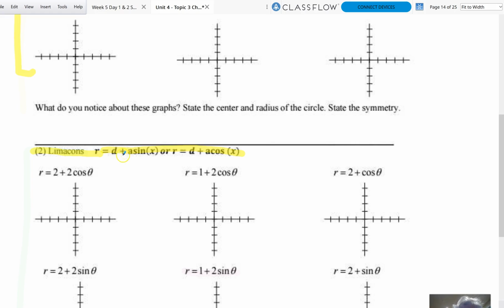Now it's d plus a sine x. We had 1 plus 2 sine x. The d on a Cartesian graph is a transformation up, and the a is the amplitude, and that forms our limacon. And for this one, we did the equation r equals 1 plus 2 sine x, or 2 sine theta.